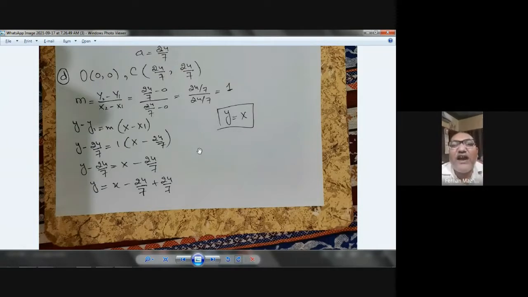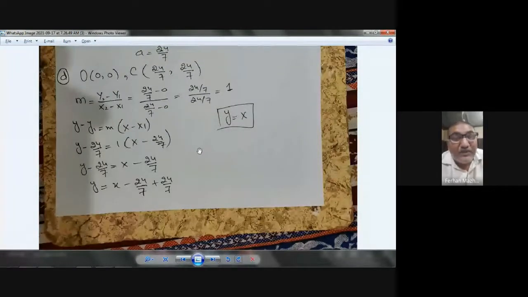Now I will find the equation. I will apply the formula y minus y1 equals m bracket x minus x1. So we will have y minus 24 by 7 equals 1, the m value is 1, bracket x minus 24 by 7, as I use the second point. Then y minus 24 by 7 is equal to x minus 24 by 7.